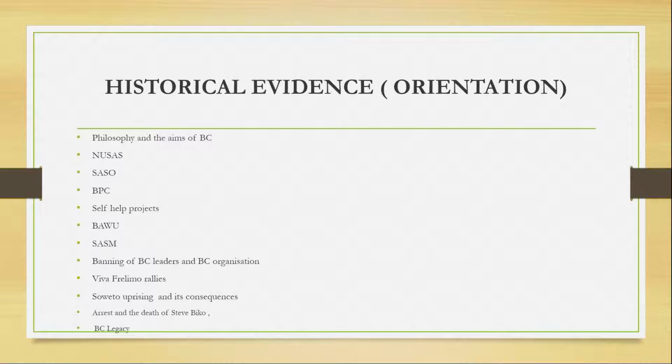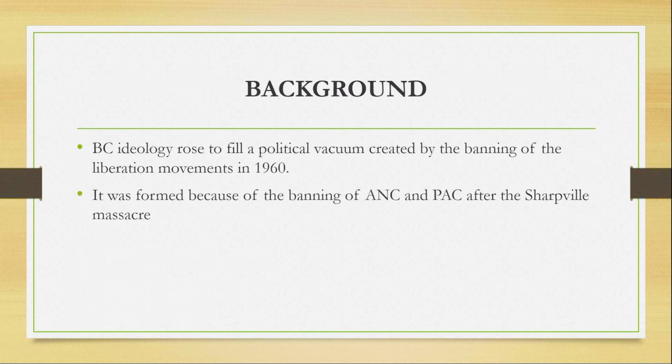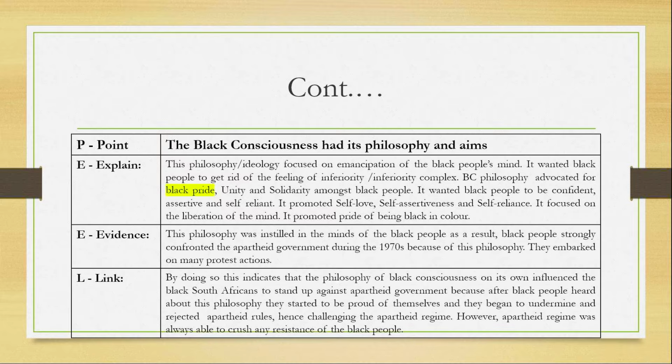You must explain NUSAS, the role played by NUSAS, SASO, Black People's Convention, self-help projects, Black Allied Workers Union, ZASIM, banning of Black Consciousness leaders, Viva Frelimo, Soweto uprising, arrest and death of Steve Biko. Then if you start with the banning of liberation movements in 1960, that one is background, it does not give you marks.